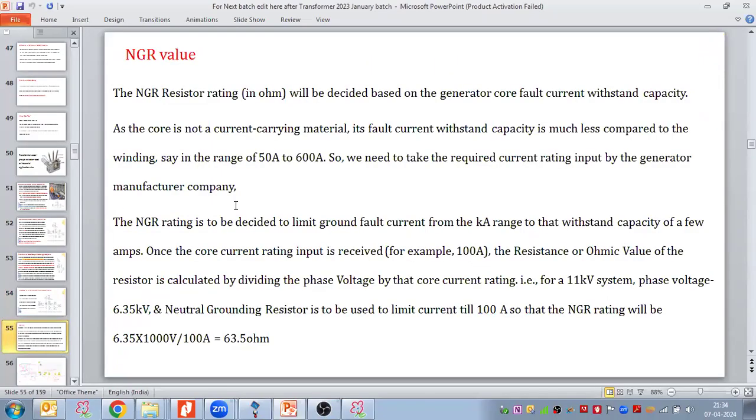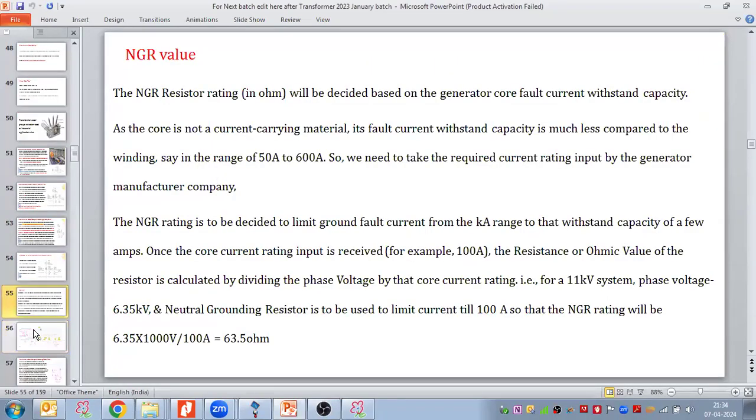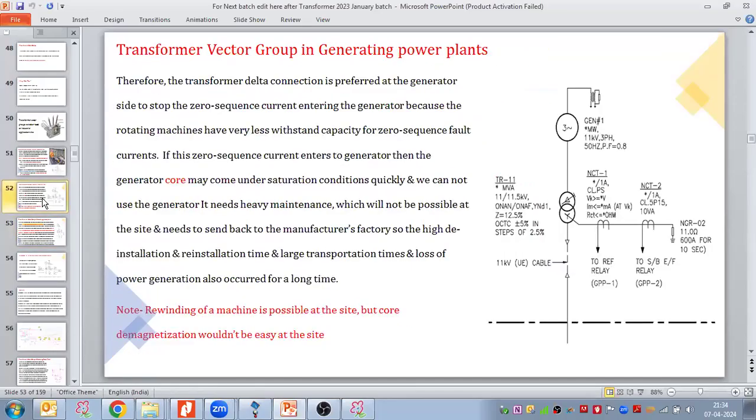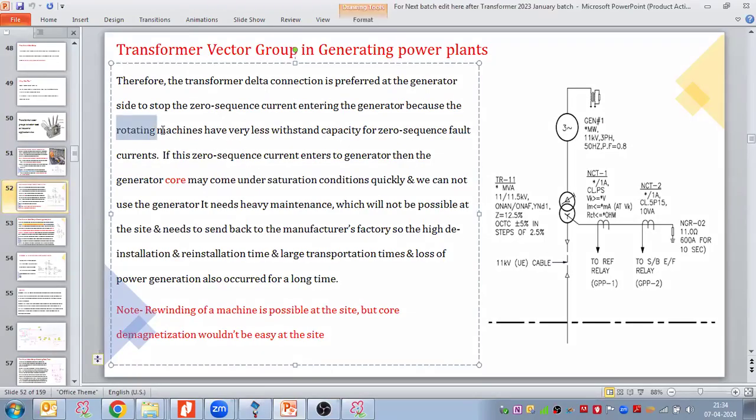And then again we have discussed the calculation of the NGR. Here we have discussed that rotating machines, this is the important point, have very less withstand capacity for zero sequence fault current.